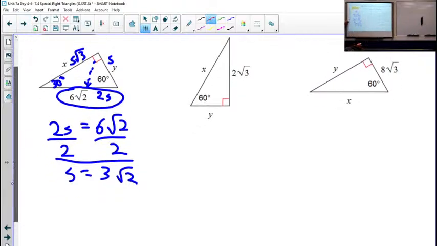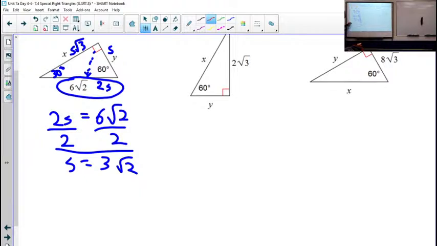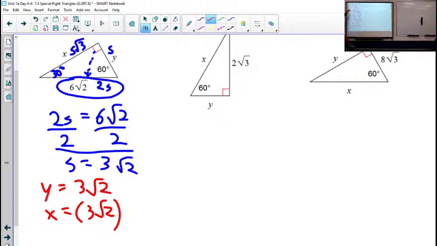So then filling in the rest of my pieces, this is my short leg. Right, you can remember S for your short leg. This is my short leg, so my short leg was y. That's going to be 3 root 2. And then x says, take my short leg and multiply it by square root of 3.